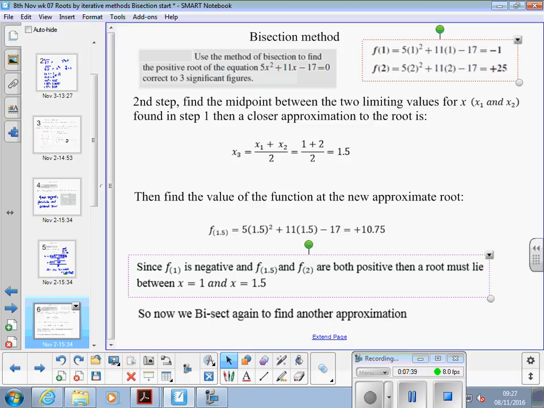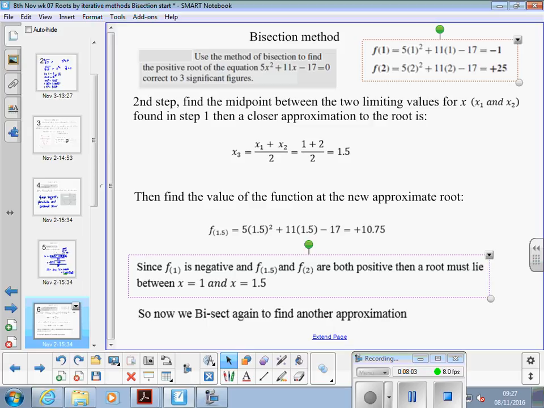So we know we've got a root somewhere, using functional notation, between x equals 1 and x equals 2. It's pretty obvious, we already know it's very close to 1 here, but you might not do that in all cases.